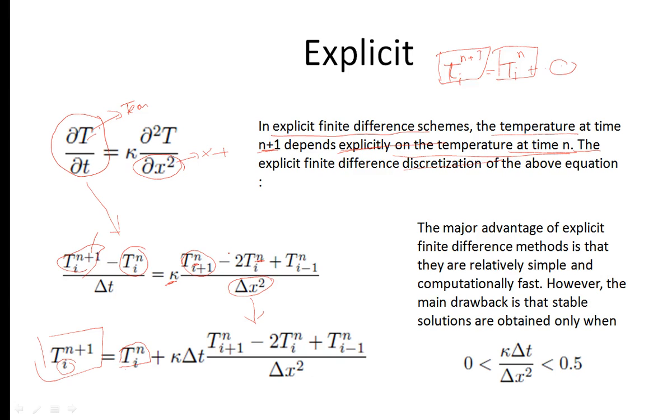But if you want to determine what will be the temperature after 2 days, you cannot determine this from the explicit method, because the time should be determined in such a way that here we have the formula k del t divided by del x square less than or equal to half, right? So from this equation we have to calculate the time step.